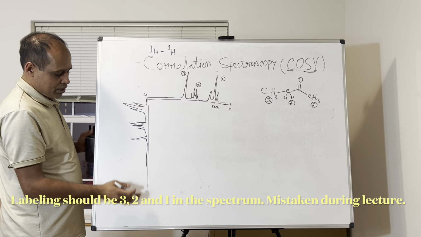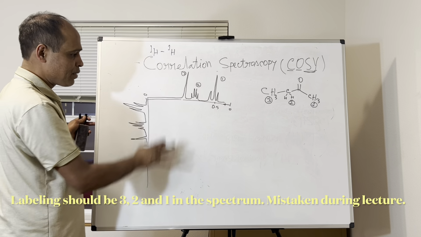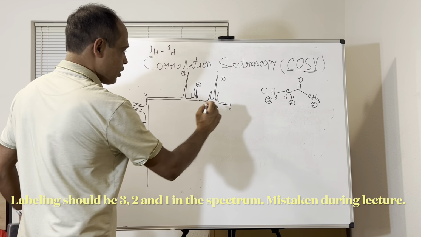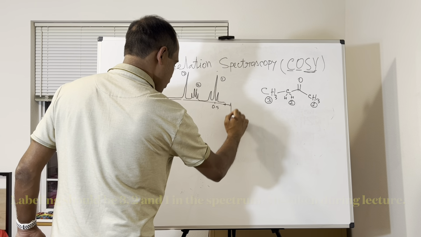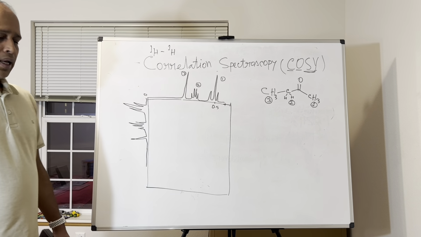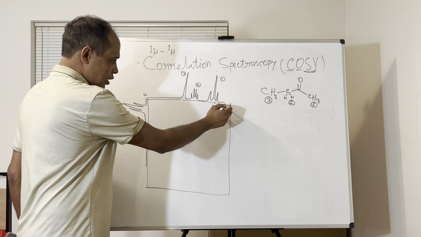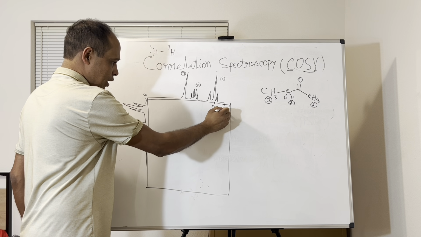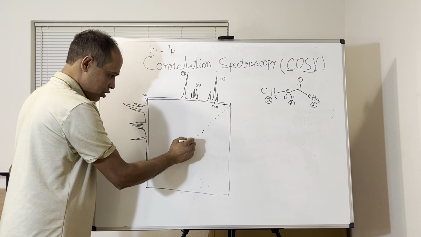You might have an aromatic region also, but I'm just taking a simple example. In that case, just make a square box, and now you can imagine a diagonal between these two corners.